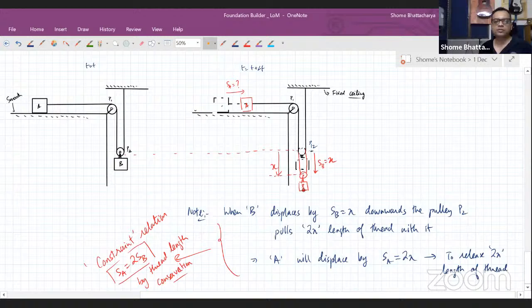So that is why when B pulls 2x amount of thread, A has to release the same amount of thread. Why? Because the total length of the thread is conserved. So the equation that we are getting from it, that A's displacement is double the magnitude of B's displacement, that relationship is called the constraint relation. So just make a note of this for you. So that's why the answer to the first part, that's correct, Rishi, that the displacement of A will become 2x in the amount of time that displacement of B is x.